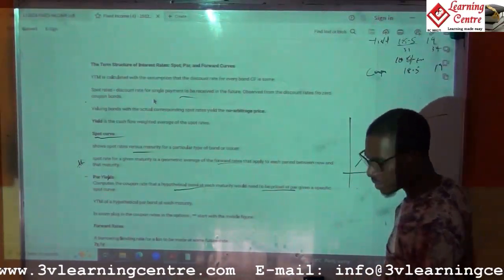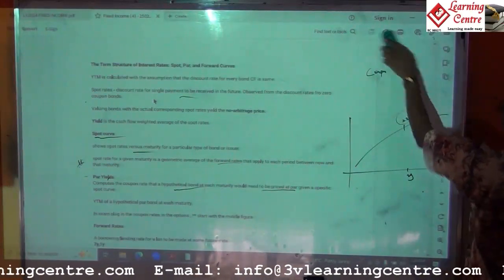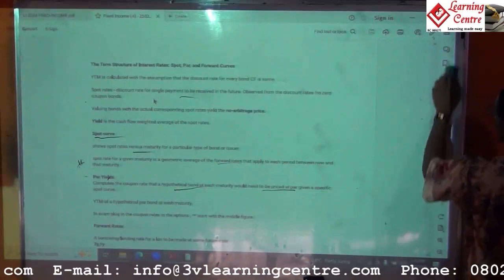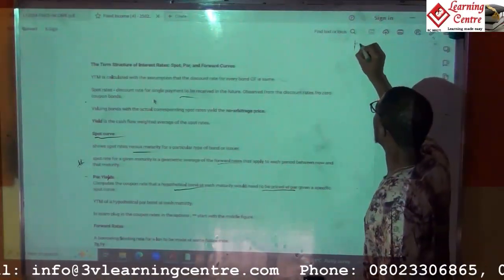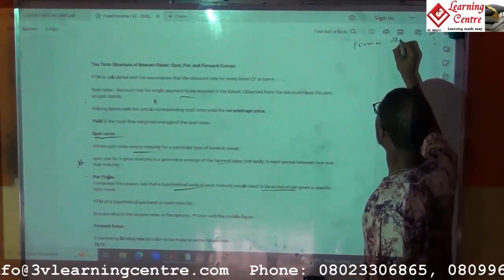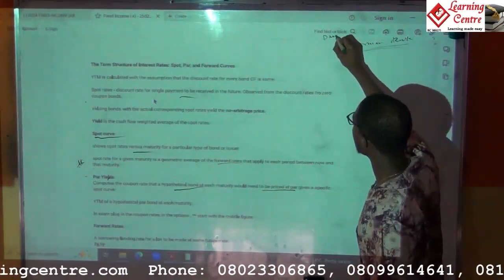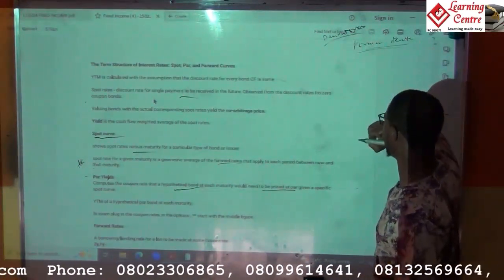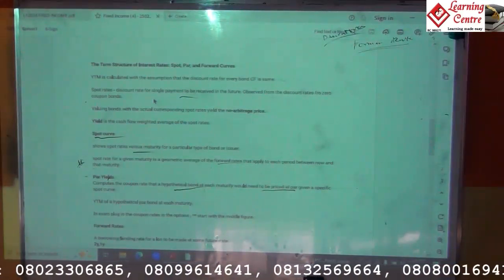Okay, let's now look at the forward rate. The forward rate is very important for us for a lot of reasons. Basically, this is a derivative contract. When you do derivatives more, the forward rate is saying that I don't need the money today.